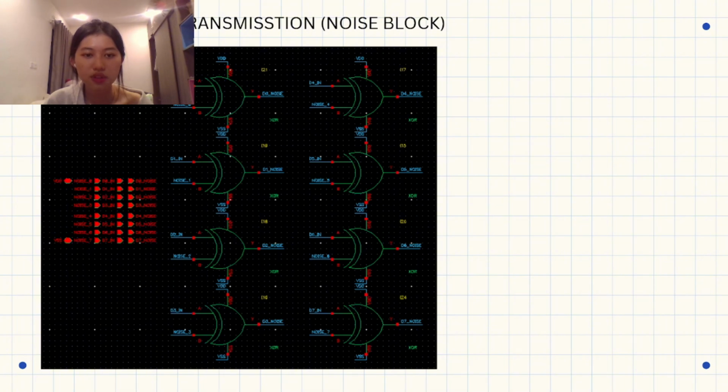So you see that the bit doesn't change anything. But when we XOR with the VDD, this means 1. So in this case, 1 XOR 1 will be 0, and 0 XOR 1 will be 1. So the bit is now flipped from 0 to 1 and 1 to 0.